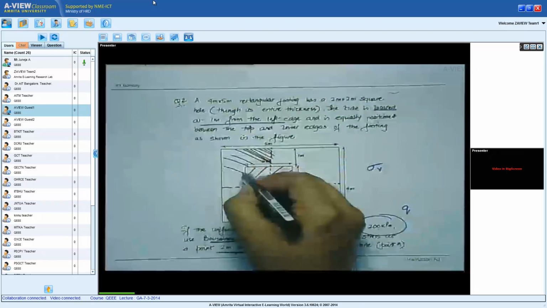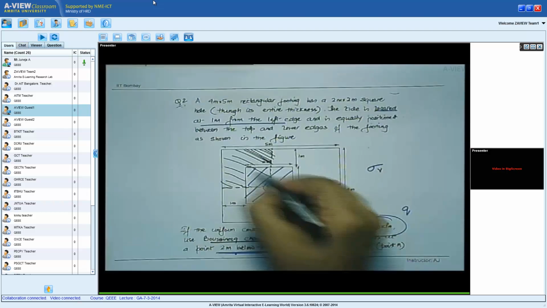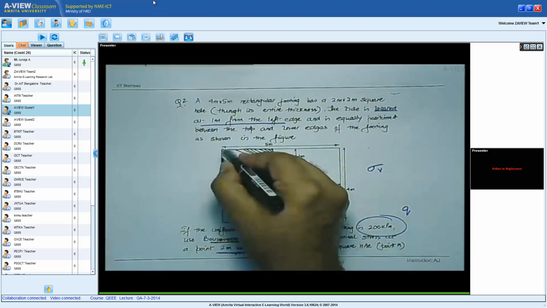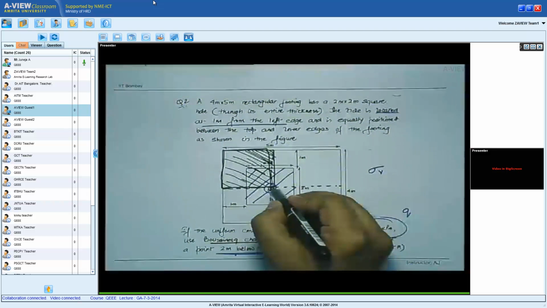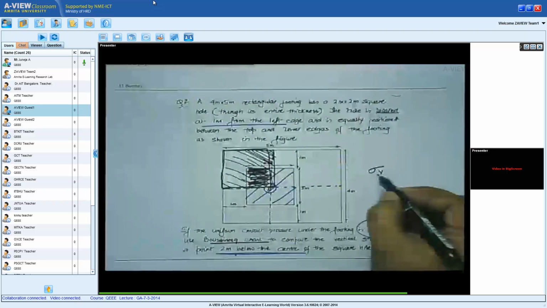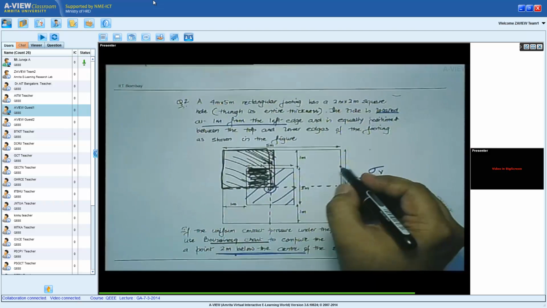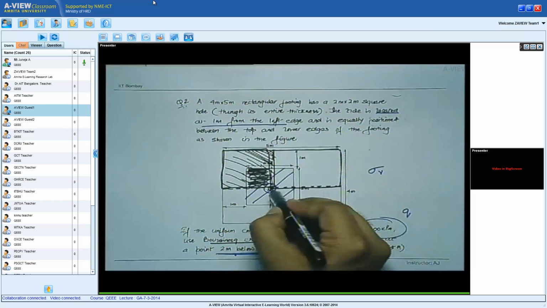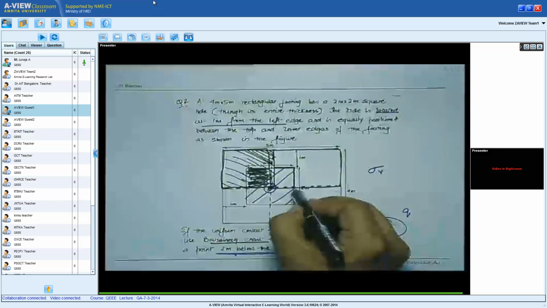I take this entire area, find the stress distribution at this corner, and then subtract this smaller area. Remember, the theory of superposition works. Likewise, I'll take this entire area, that's the corner, and then subtract this smaller area.